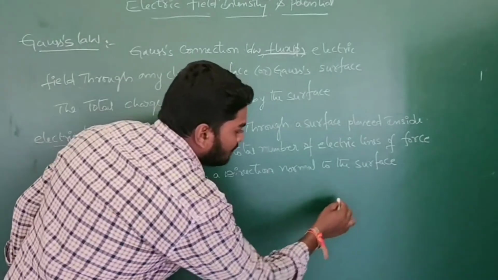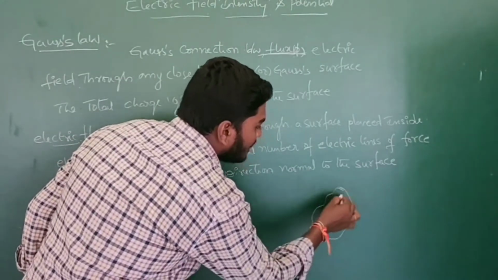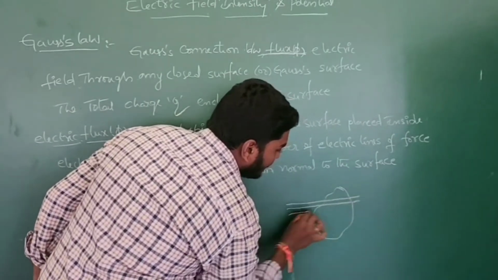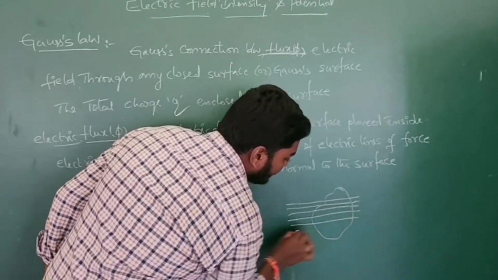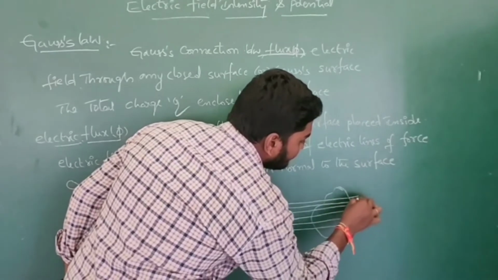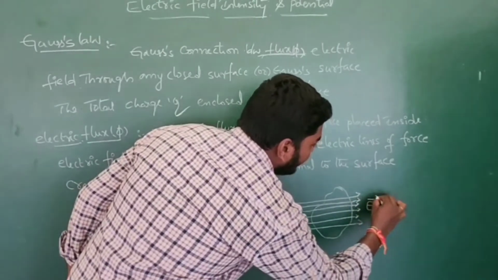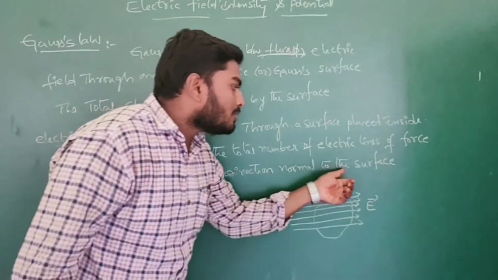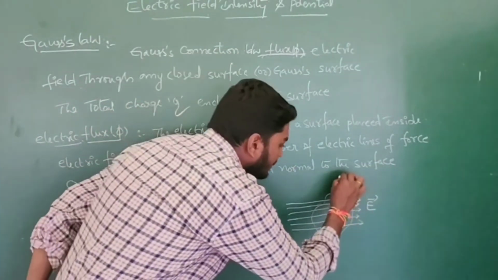A simple example: consider an irregular shaped surface with electric lines passing through it. The electric field E bar is in a direction normal to the surface.